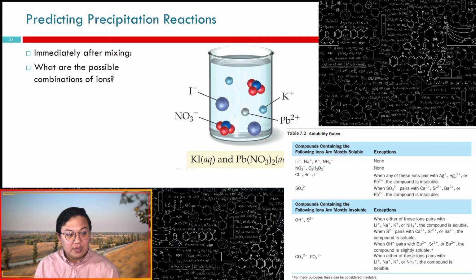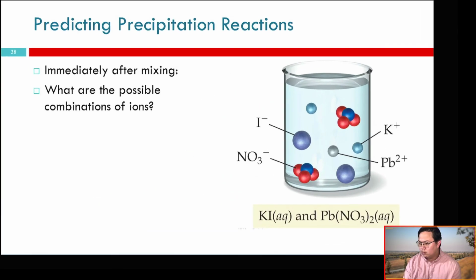So immediately after mixing, when we do one of these reactions, we want to look at what our possible combinations of ions are. We already have that potassium iodide and lead nitrate are both aqueous, so we can ignore those combinations. What we'll do is take the anions and swap them.